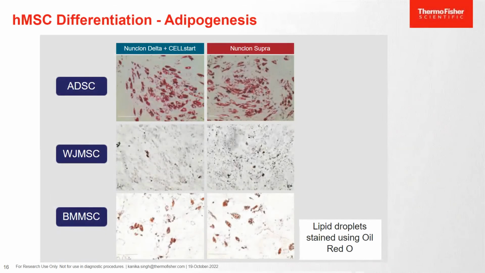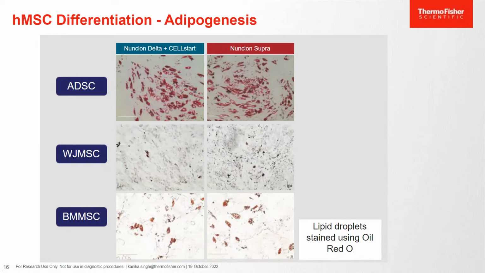The final experiment we did was to check the differentiation potential of the cells taken from Supra surface as compared to the cells which were grown on Delta with ECM coating. As you can see here, when the lipid droplets were stained using Oil Red O, in all the three cases, for ADSCs, WJMSCs, and BMMSCs, the results were similar.